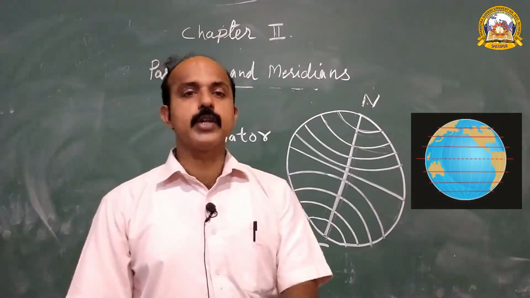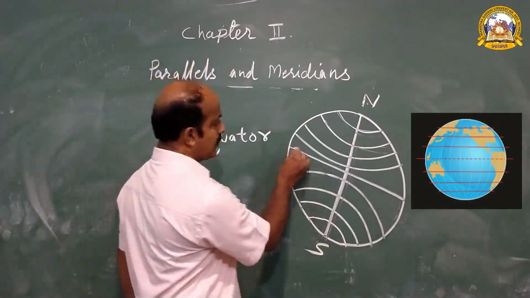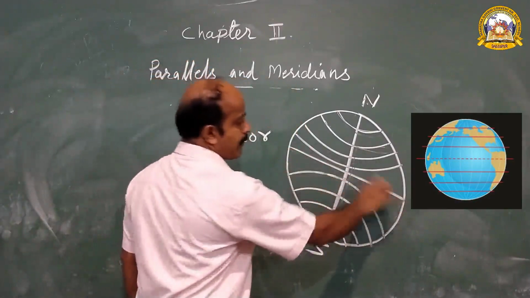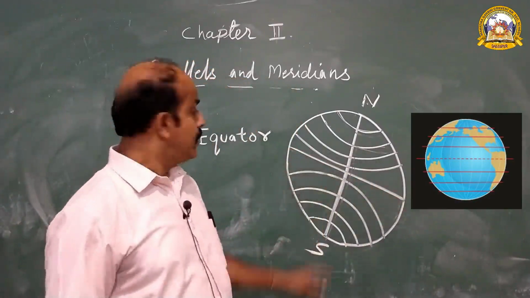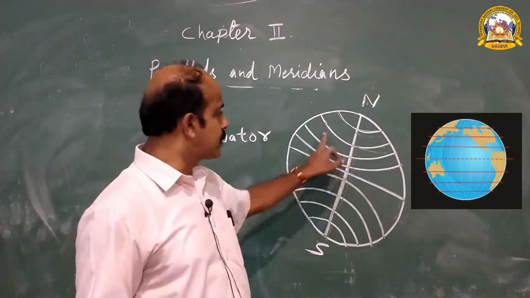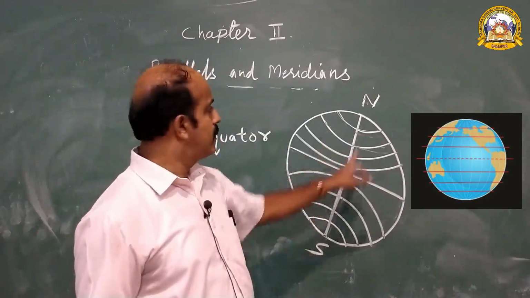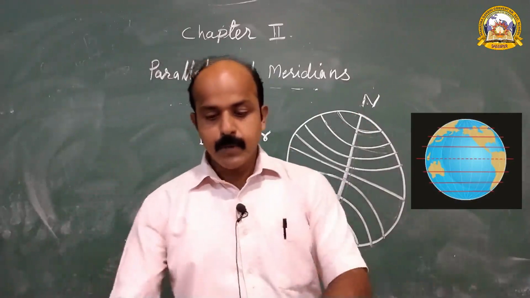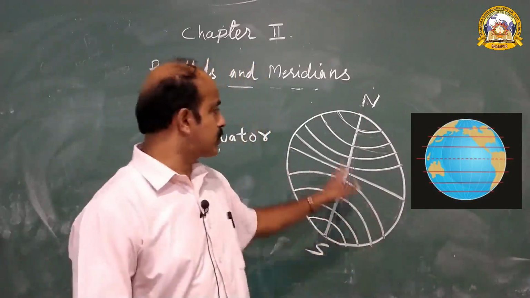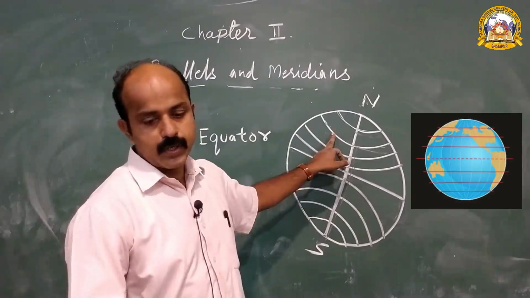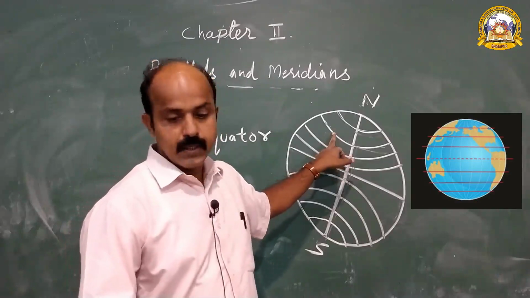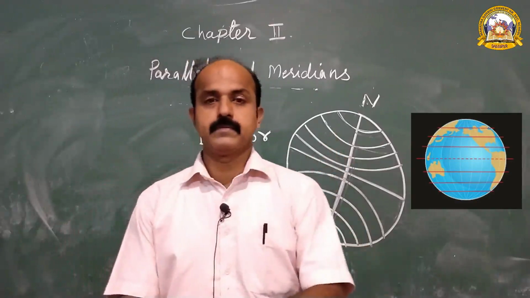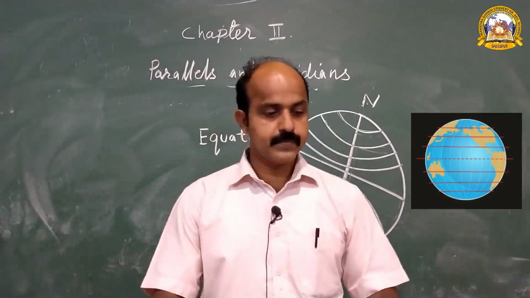This line is called the equator. This is the equator, the longest parallel. This parallel divides the earth into two equal parts. The part of the earth which lies north of the equator is called the northern hemisphere. The other half is known as the southern hemisphere.